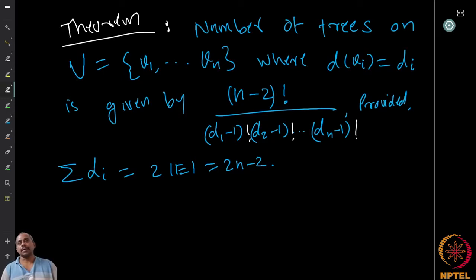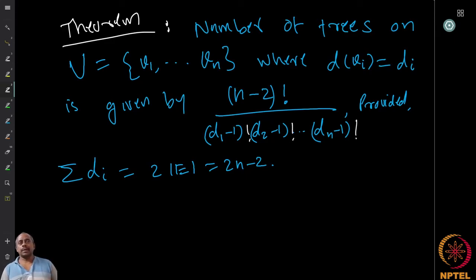We know that the total degree is twice the number of edges, and therefore that must be equal to 2(n minus 1), because the tree has exactly n minus 1 edges. So here is the formula: given vertices v1 to vn, and given that every vertex vi has degree di, we can construct trees only if, of course, the summation of di is equal to 2(n minus 1); otherwise, we cannot do that.